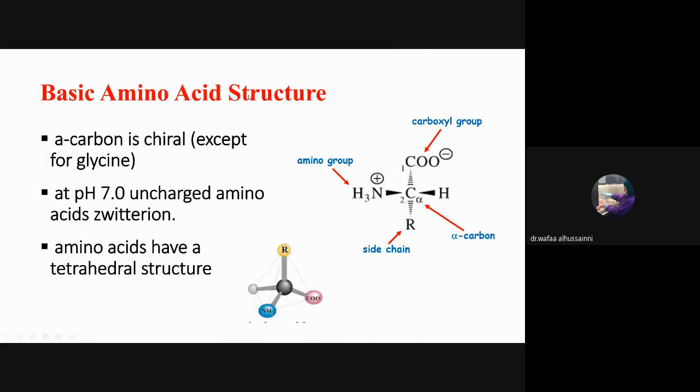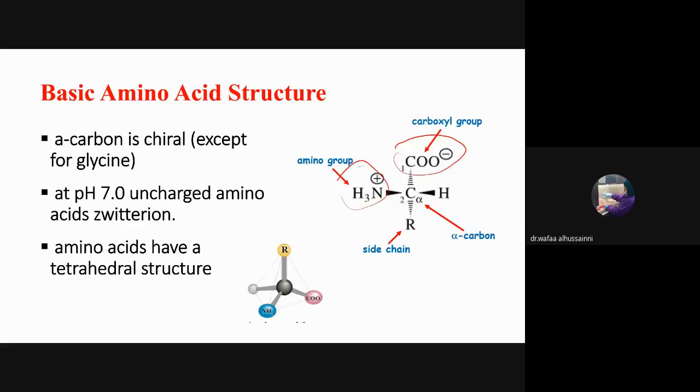So now we go back to the basic amino acid structure. You took amino acids in organic chemistry and you know what the structure is. We said the alpha carbon is chiral, and there is COOH, a carboxyl group.